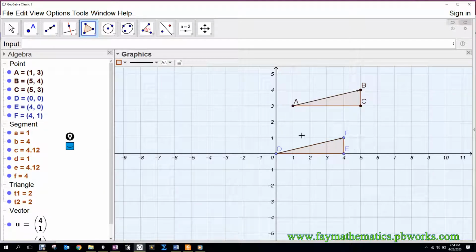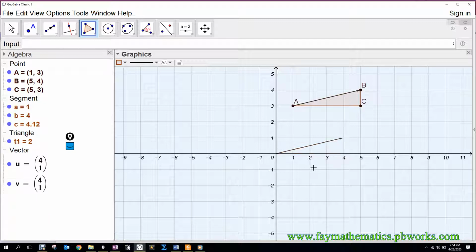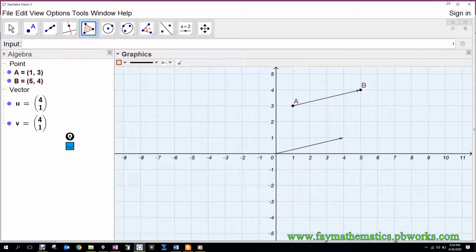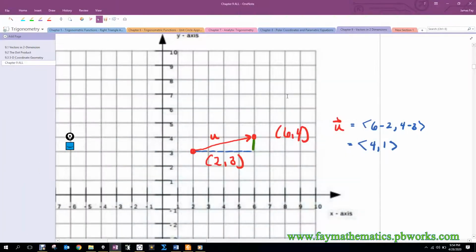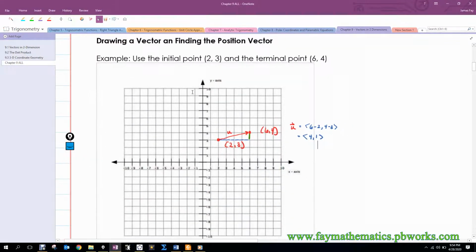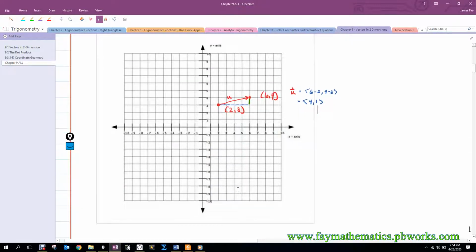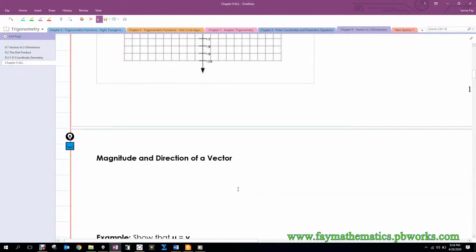Therefore, the hypotenuses are congruent, so the vectors are the same. So that's taking a series of points and finding the position vector.